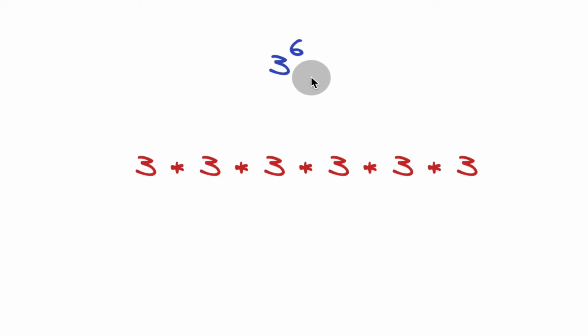Here we see 3 to the power of 6. If you go back far enough in your middle school and high school math classes, you might recall that 3 to the 6th power just means that we are multiplying 3 times 3 exactly 6 times. What this symbol on top actually means is 3 times 3 times 3 times 3 times 3 times 3.